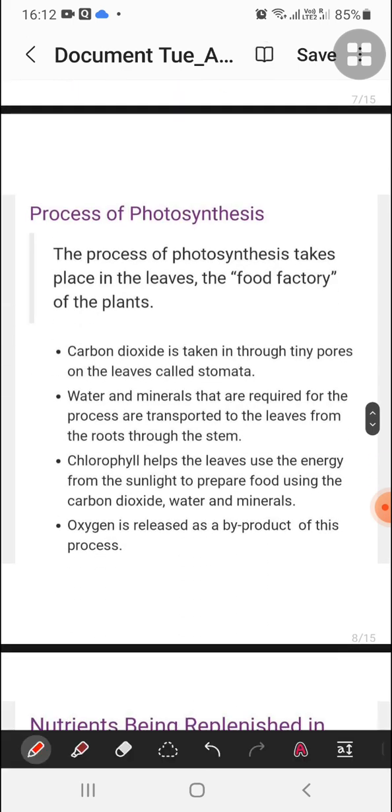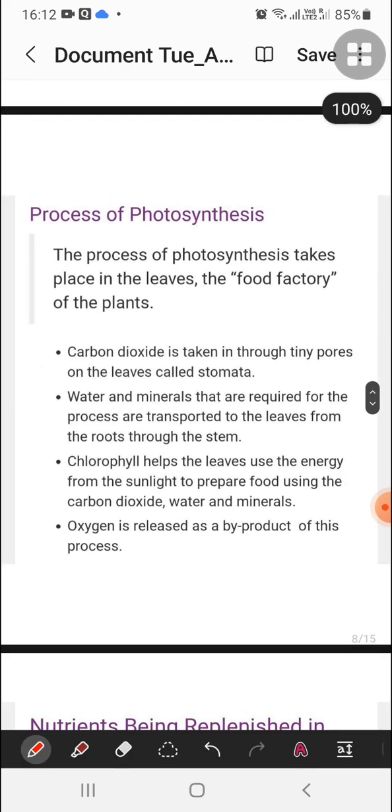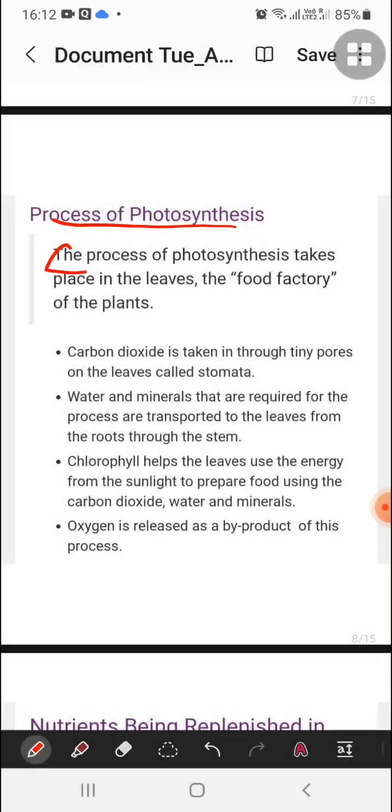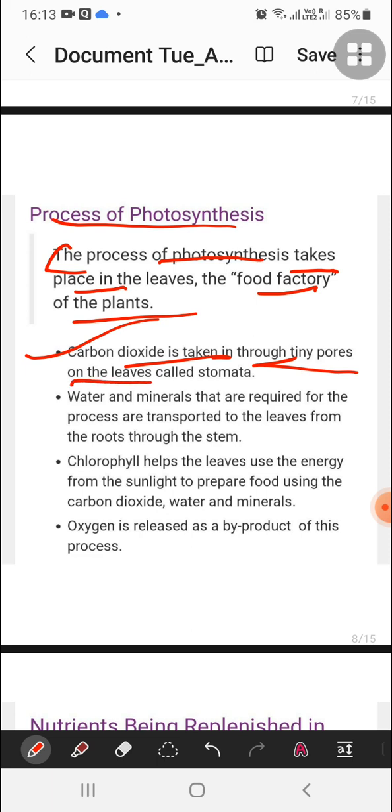Next is the process of photosynthesis. Previously we discussed what photosynthesis is, and in this topic we will discuss the process of photosynthesis. The process takes place in the leaves, the food factory of the plant. Carbon dioxide is taken in through tiny pores on the leaves called stomata.